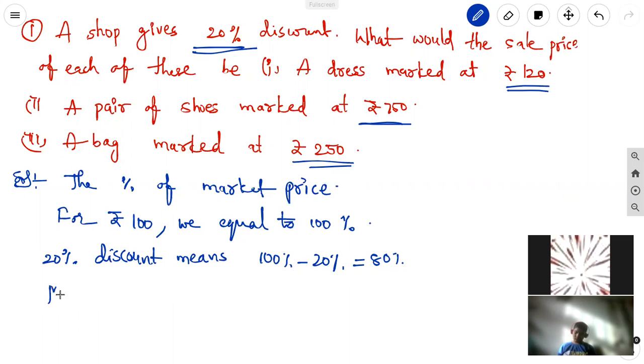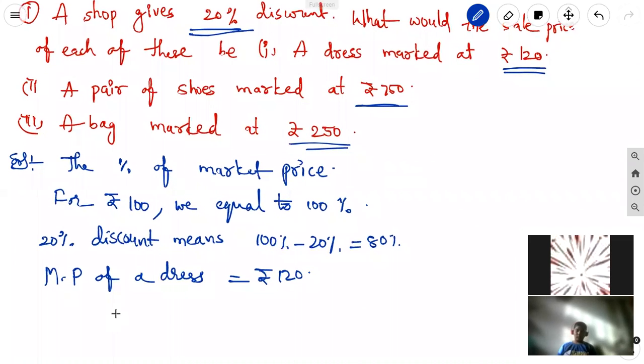So what is the market price? Market price of the dress equals 120 rupees. What is the selling price after discount?